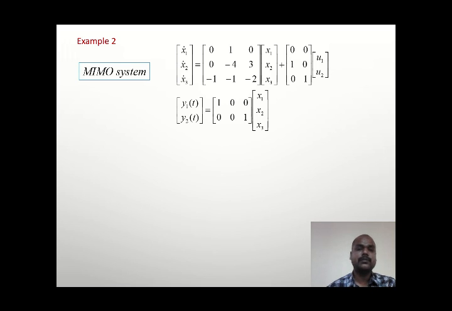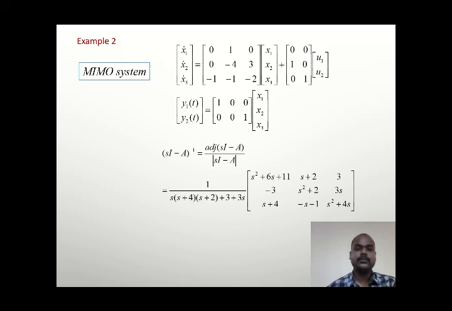Another example of this conversion from state space to transfer function is this MIMO system, a multiple input and multiple output system. As the name suggests, we have two inputs, U1 and U2, and two outputs, Y1 and Y2. We follow a similar procedure for finding the transfer function.